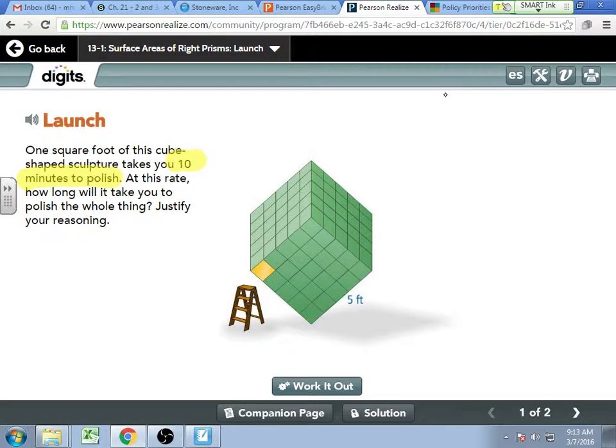We'll give you about 45 more seconds. I hear a lot of good work happening. Didn't you just tell us like square? That's right. This small square takes 10 minutes to polish. No, so that small square takes 10 minutes to polish.